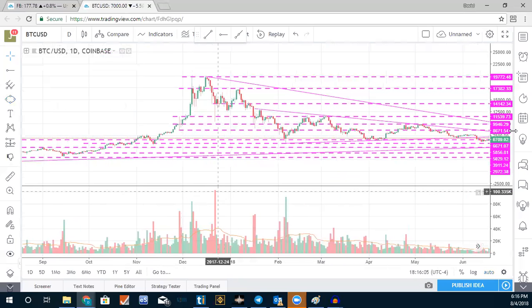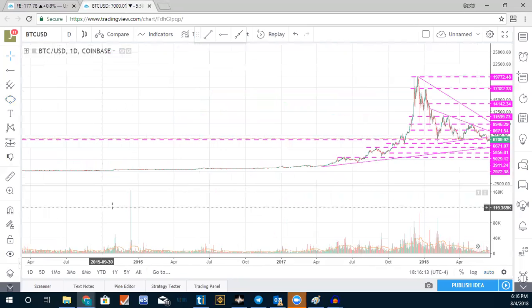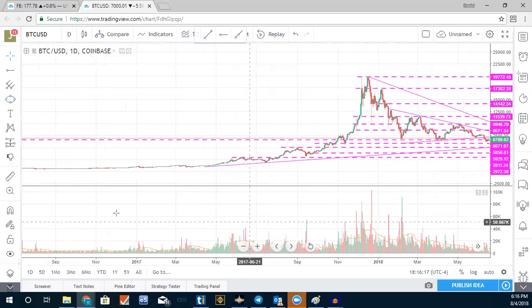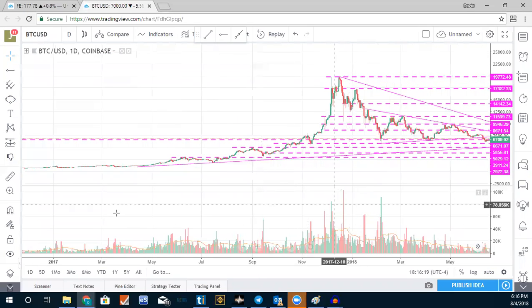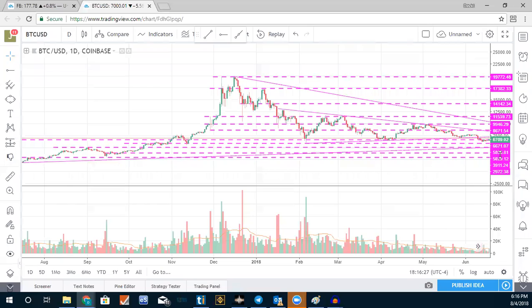Next, we had this huge high volume day. This was really an extremely bearish sign for Bitcoin. If you look at the volume, we just have not had that type of volume in years. For the selling volume to outweigh even the most bullish volume of this entire massive bull run is just not what you want to see.